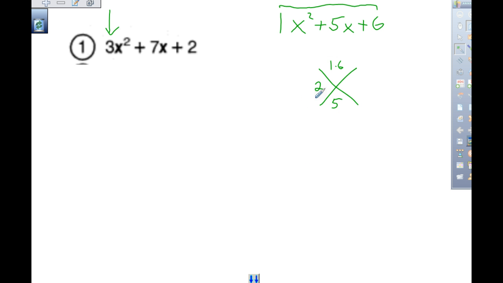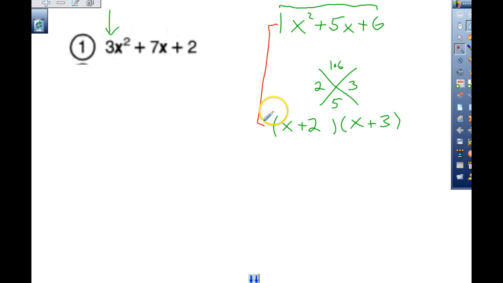You can come up with two numbers, like 2 and 3. 2 times 3 is 6. And then 2 plus 3 was 5. And then you would know that this would be the factored version here. Right? Meaning if you multiply this back together, it would equal this.